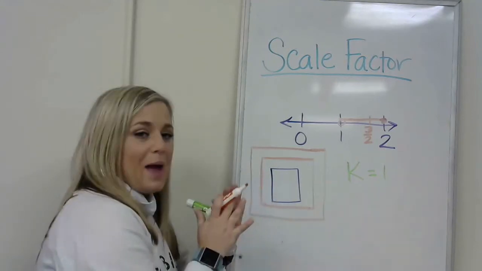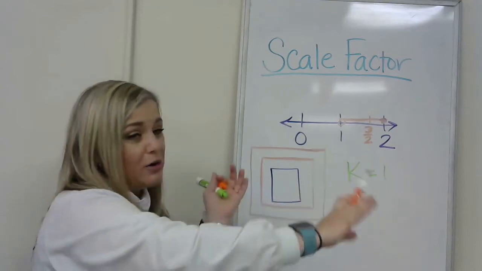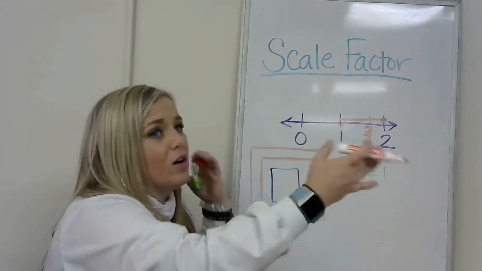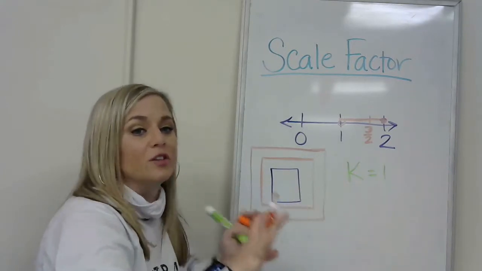So going past 1, we could get bigger. We could go to 100. We could have a scale factor of 100 or larger. I mean, there's no limit to how large a scale factor can get. Okay.